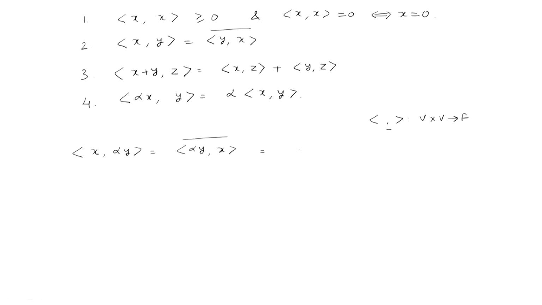Using the property, this can be written as alpha times inner product of y, x whole bar, which equals alpha bar times inner product of y comma x whole bar, and the complex conjugate of this, from the second property, equals inner product of x comma y. So, if the scalar is in the second component, then it is alpha bar, and if it is in the first component, then it is alpha.